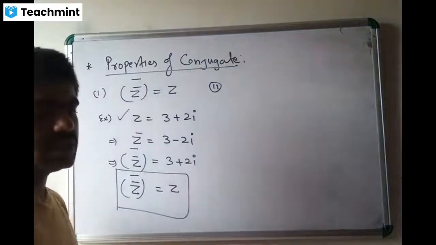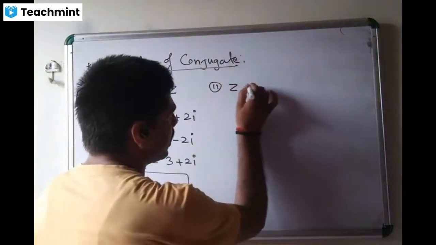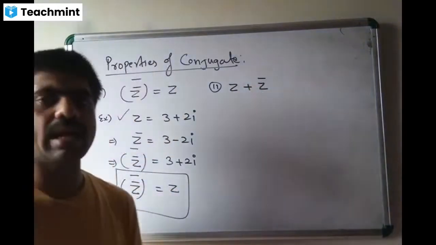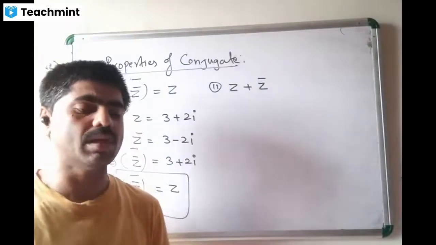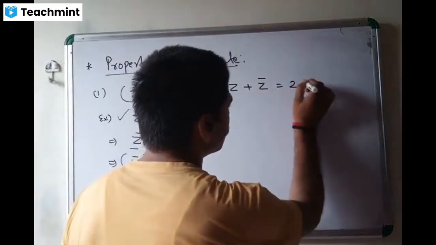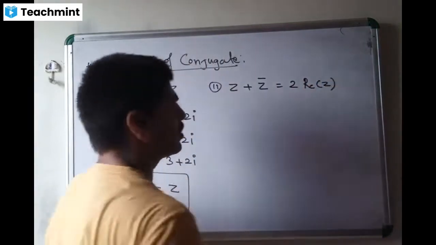Now see the second property. The sum of a complex number and its conjugate is equal to 2 times the real part of the given complex number.